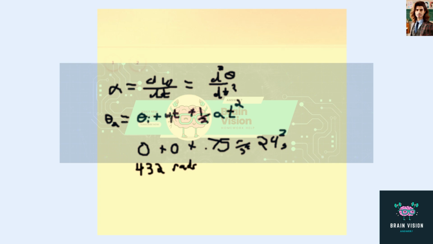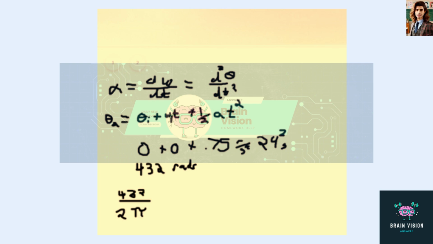Now, we're not quite done yet. The problem asks for how many revolutions, not just how many radians we traveled. The idea is how many radians are in a circle, which is 2 pi. So we take our 432 and divide that by 2 pi.